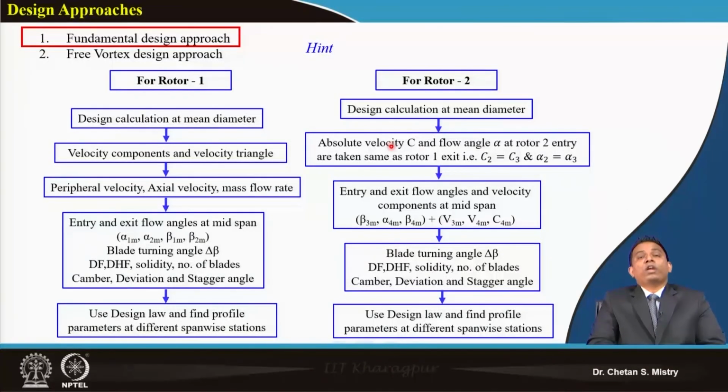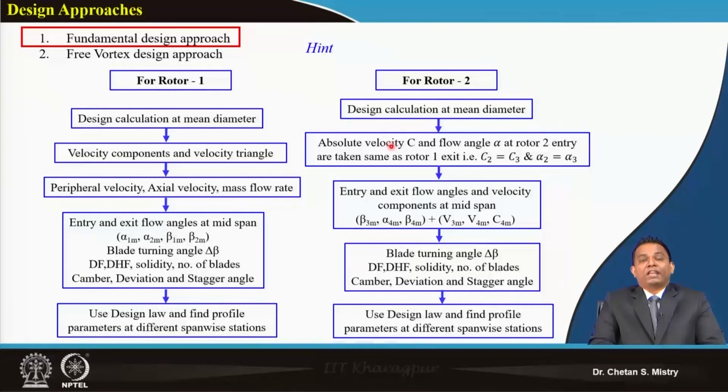Now, in line with rotor 2, for the conventional stage that we have discussed, we have a rotor and stator combination, and for that we calculate the velocity with which the flow comes out from the rotor, that is the absolute velocity C2. We assume that it is going to my stator. So, in line with that, for the design of a contra rotating fan, listen carefully to what we will be doing.